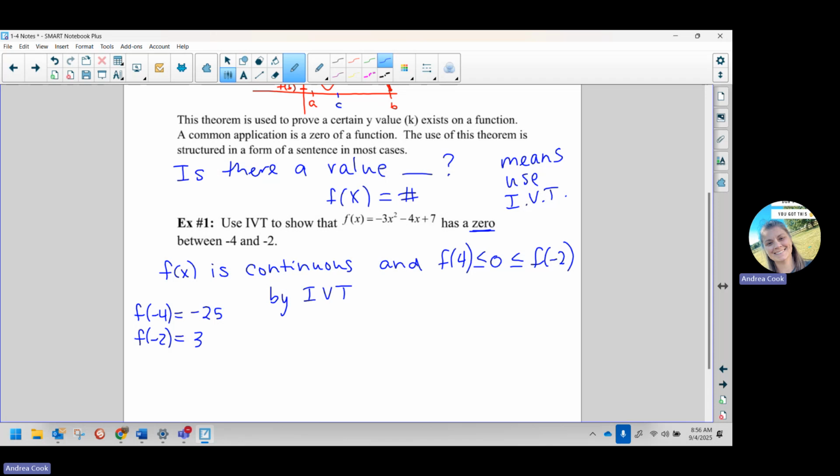By IVT, f of c will equal 0 on the interval from -4 to -2. Sorry, I said 4 at first; that should be -4.